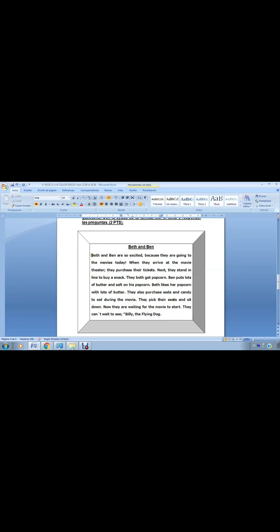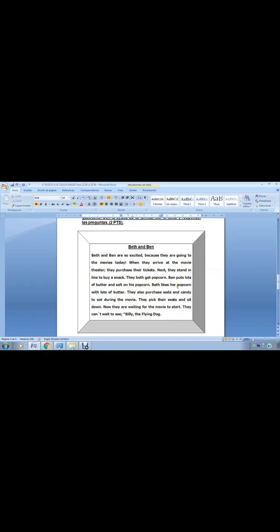It says, dice, Beth and Ben are so excited because they are going to the movies today. When they arrived at the movie theater, they purchase their ticket. Next, they stand in line to buy a snack. They both get popcorn. Ben puts a lot of butter and salt on his popcorn.